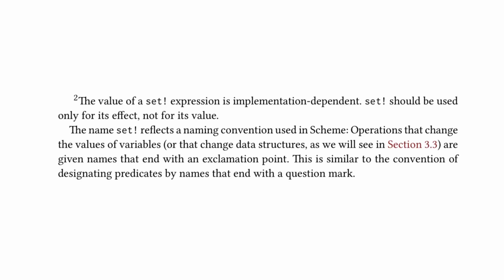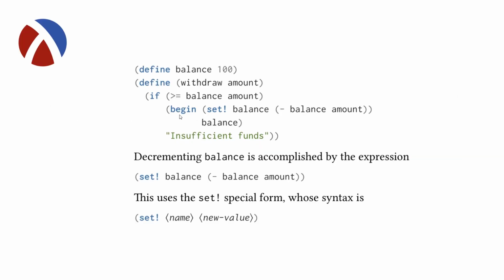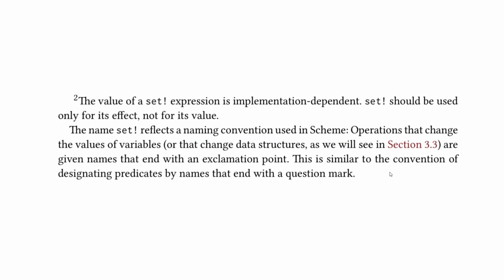So this is basically just explaining the begin procedure that is introduced here, and it's stating that we need to explicitly use it in if expressions, but we don't need to use it explicitly in the consequence of the clauses in our conditional expression, which makes a lot of sense because I believe in an earlier video I expressed confusion as to why we could have multiple expressions in conditional expression clauses but not in if expressions, and this is basically spelling it out because begin is implicit in the conditional expression.